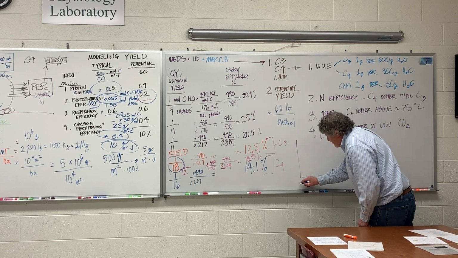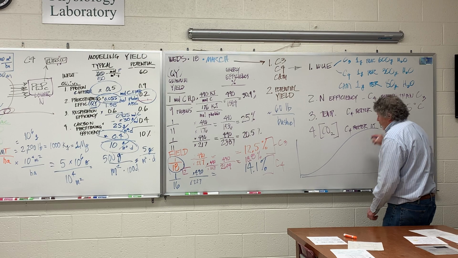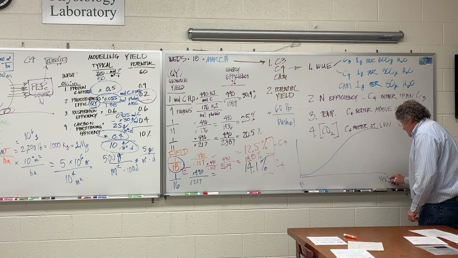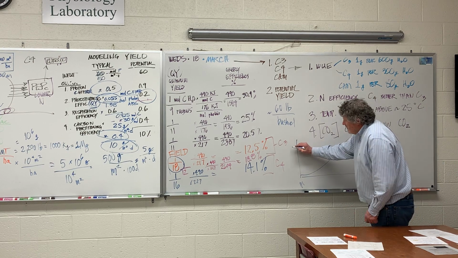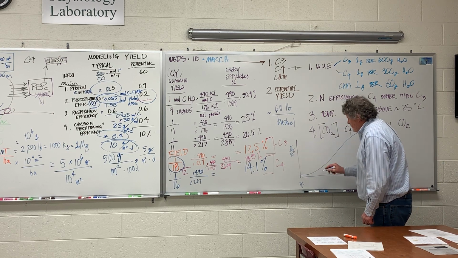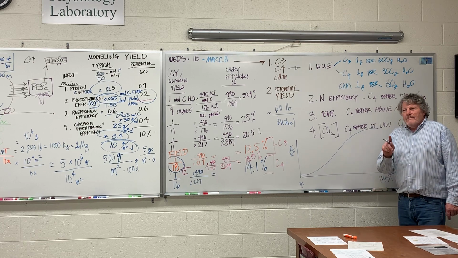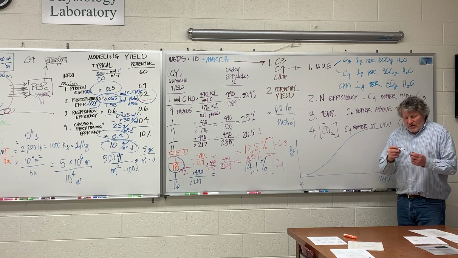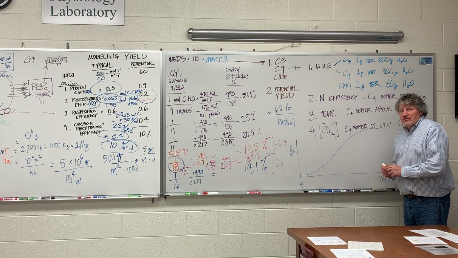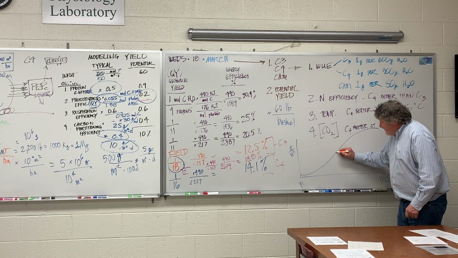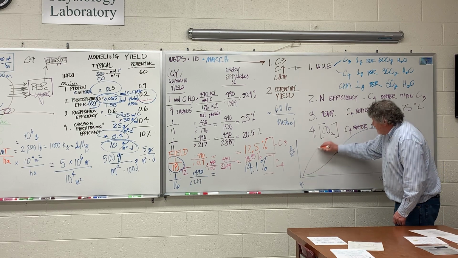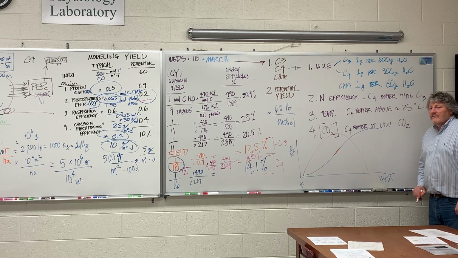Remember our sigmoid curve of growth. Planting, harvest, and this would be grams per meter squared if we're doing this. Now, remember, what if we plot the derivative of this curve, and the fastest growth is right here. The derivative looks like that.